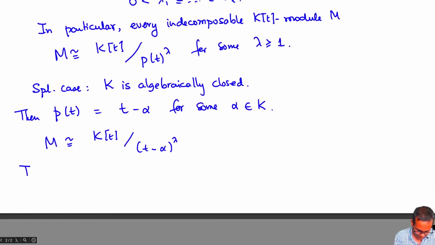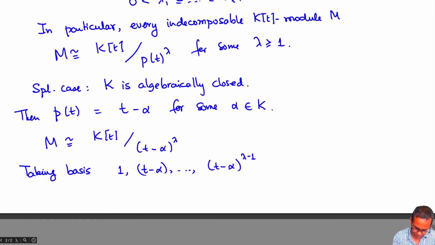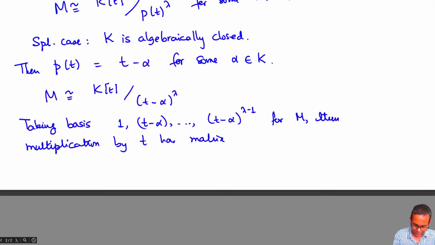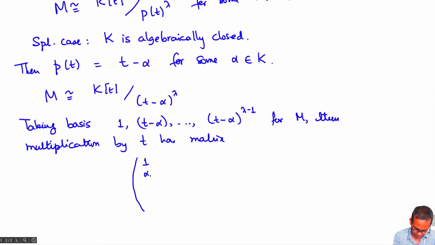Now, if you take a basis 1, T minus alpha, up to (T minus alpha) to the power lambda minus 1 for M, then multiplication by T has matrix given by, no, I think I got this wrong, it's alpha 1 0 0, alpha 1 0 0.